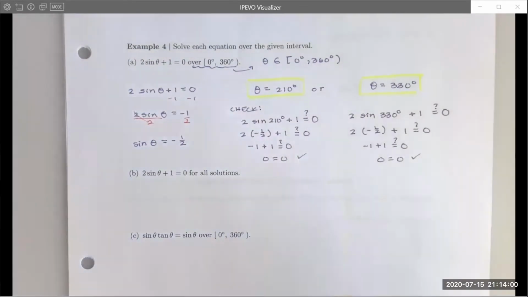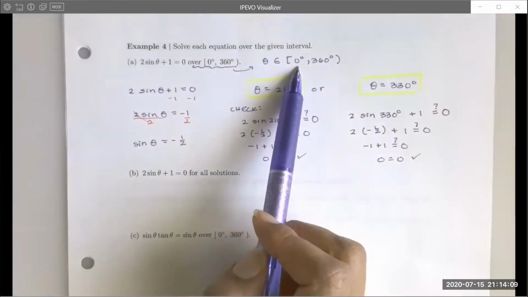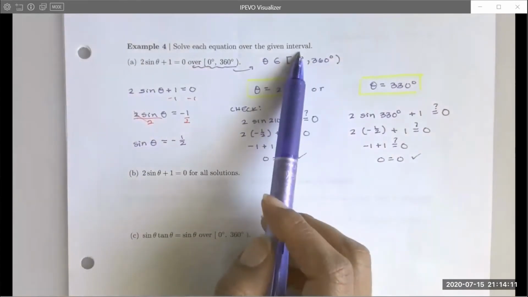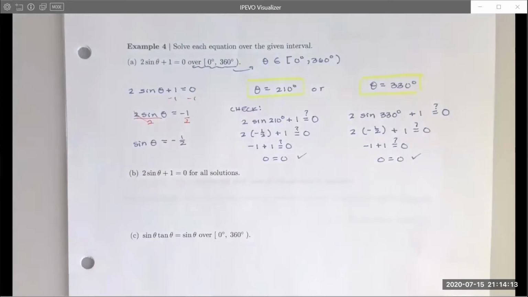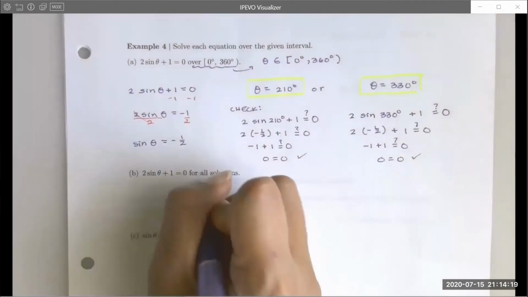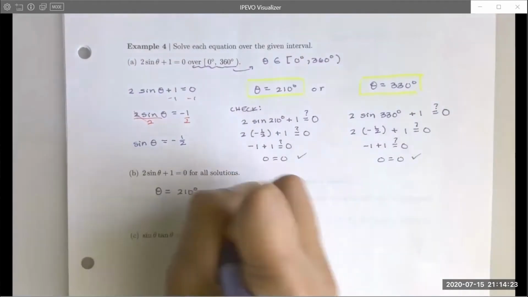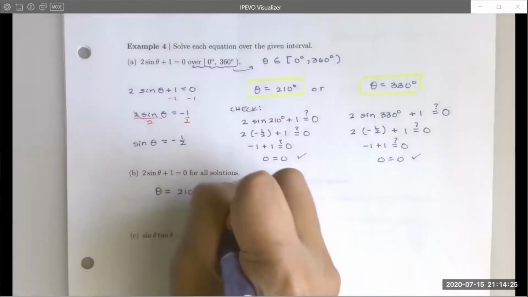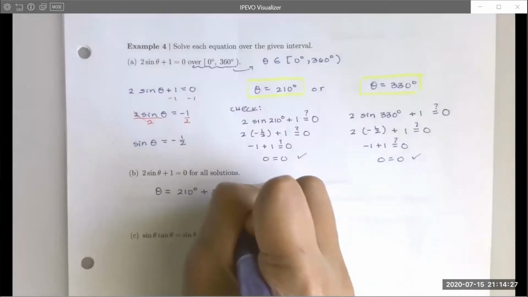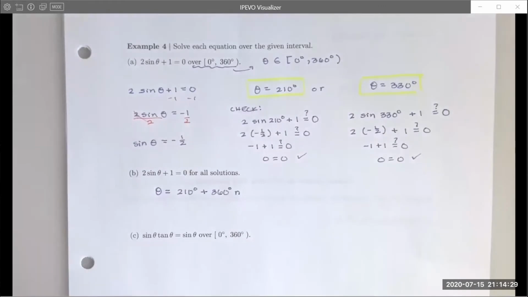Okay. Now, part B of this problem is asking us to find all of the solutions of the equation, meaning not only the ones that are in one cycle, but basically any angle that's coterminal to the solution angle. So to find all solutions, we would just take the 210 and then say in all angles that are coterminal to it by adding a multiple of 360.